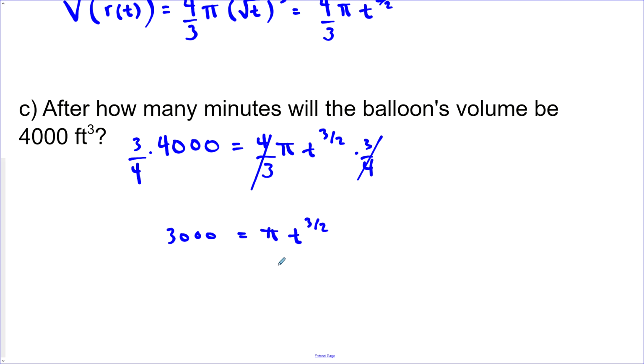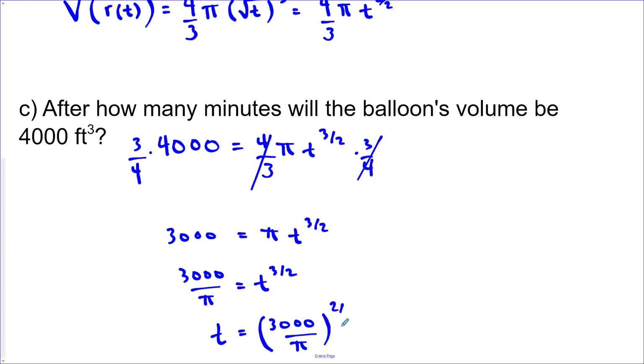Then divide both sides by pi. So 3,000 divided by pi is equal to t to the power of 3 over 2. And then we want to square both sides and cube root both sides, or essentially get rid of this. So then I'll flip it around. So we could do 3,000 over pi, and we want to square both sides and cube root both sides to get rid of that.